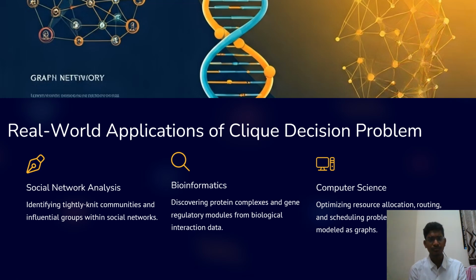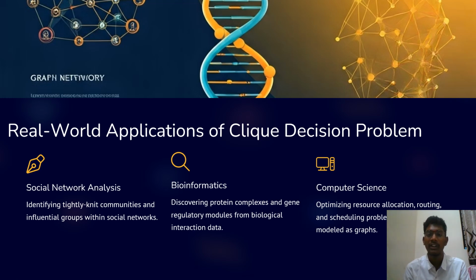The second is bioinformatics: discovering protein complexes and regulatory modules from biological interaction data.